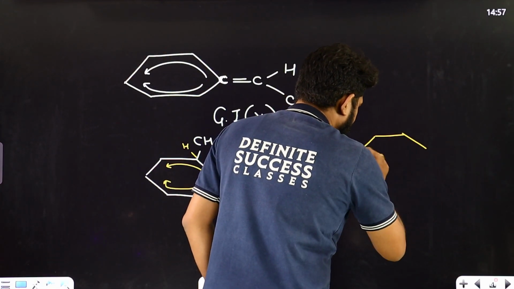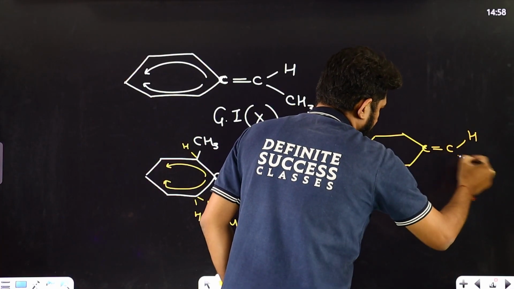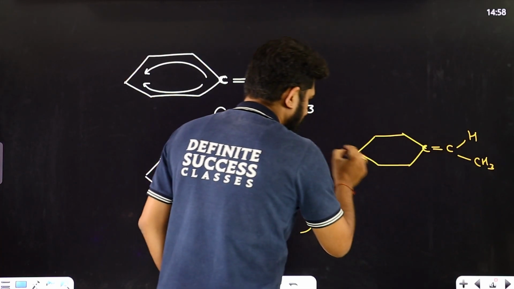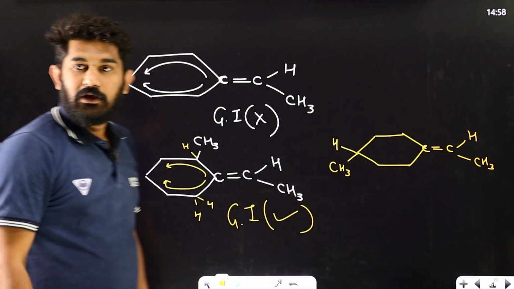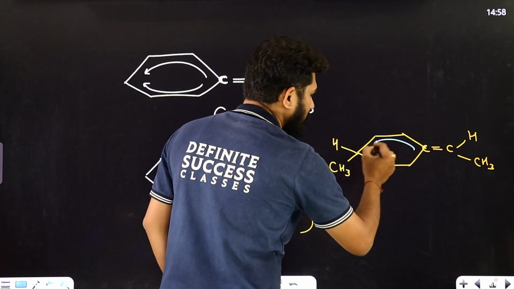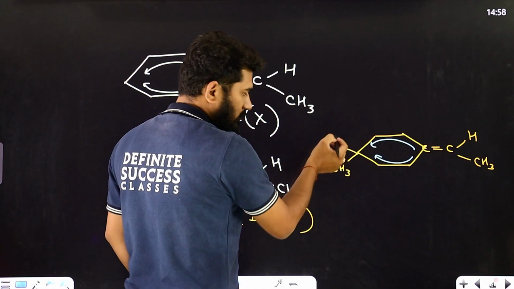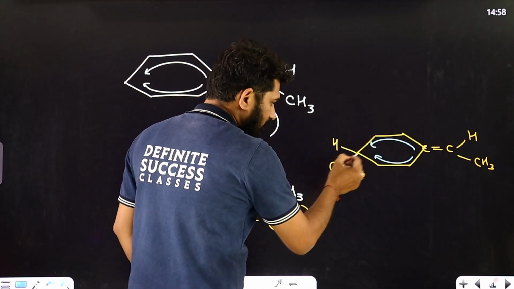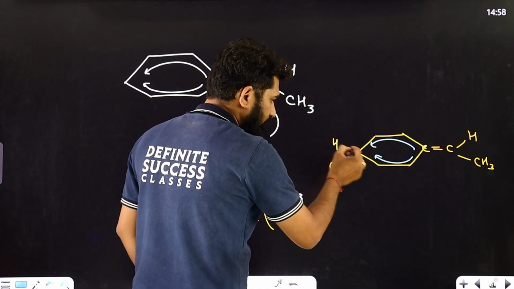Just make sure you don't make silly mistakes here. If such a kind of group is attached, consider it as one single group. Now moving from here or here, it doesn't matter if the CH3 is written down or H is written upwards, because it shows the 3D representation of this particular molecule, right?